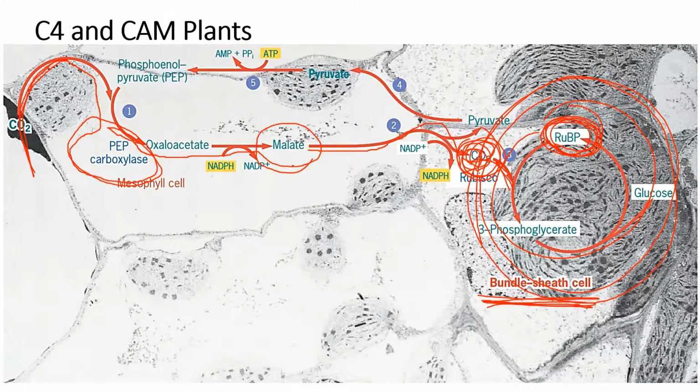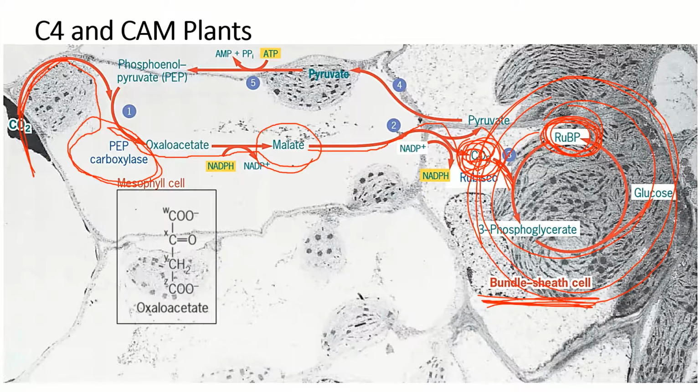For C4 plants, the reason why they're known as C4 is because oxaloacetate is actually a 4-carbon intermediate, as we see here. So they're known as C4 plants. And for CAM plants, the name actually comes from crassulacean acid plants, and that crassulacean acid is actually this malate here, or malic acid.